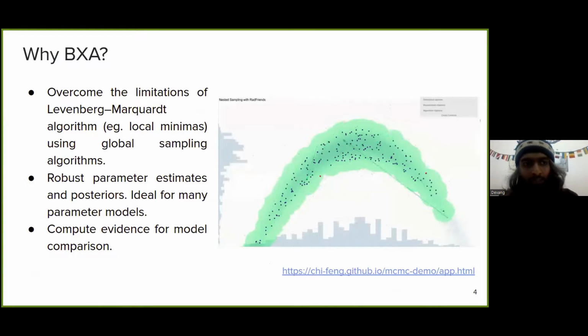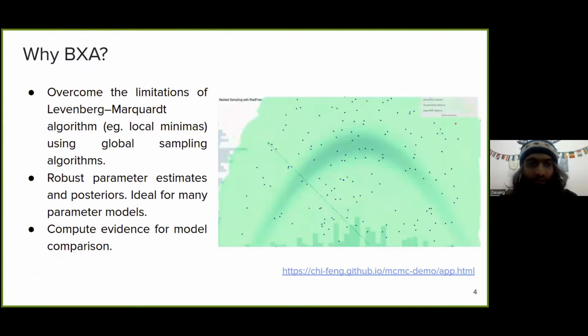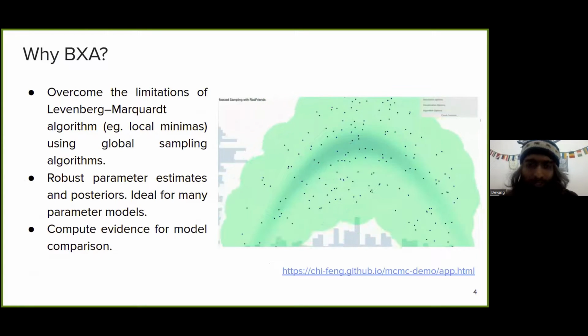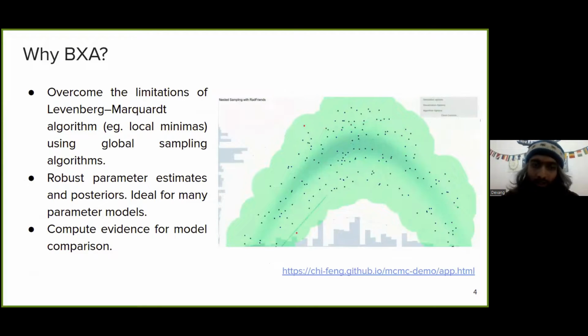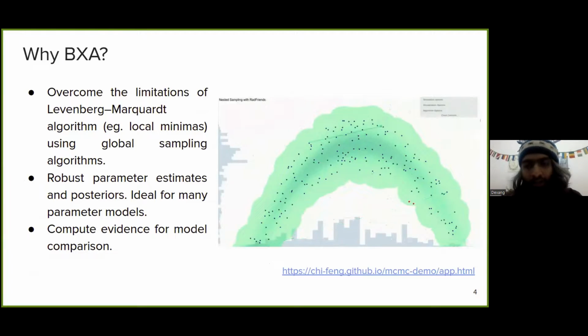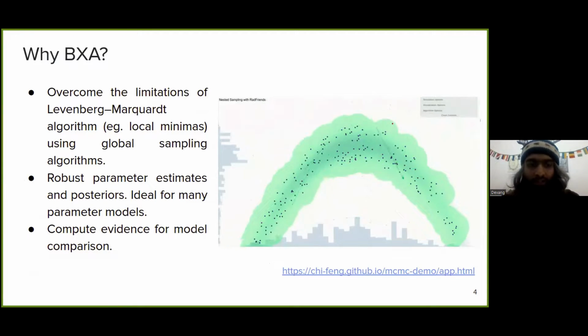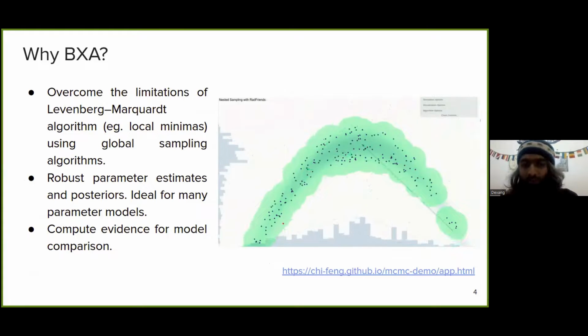Now, why is BXA an ideal tool for this? I think you all have heard it enough times now, and you know all these really nice features provided by BXA in robust estimates and even in doing faster fits and getting better results, doing model comparisons and so on.